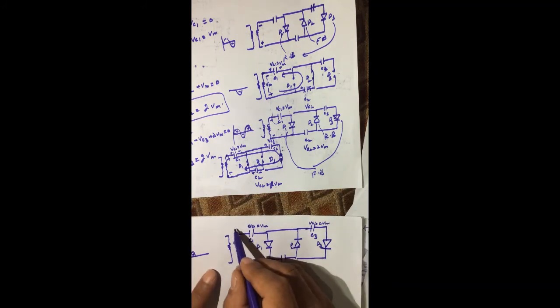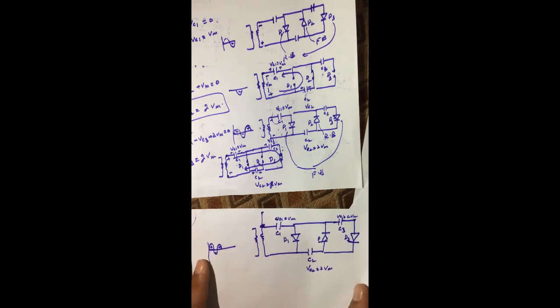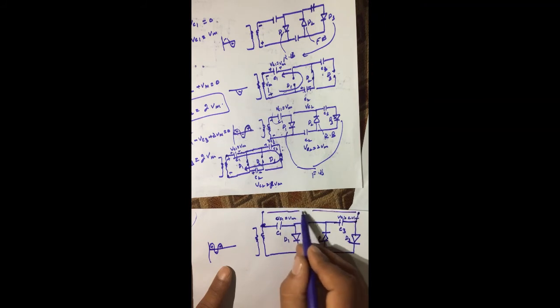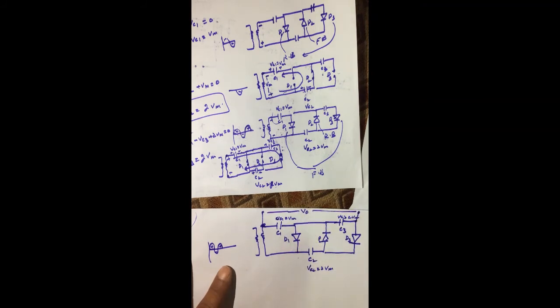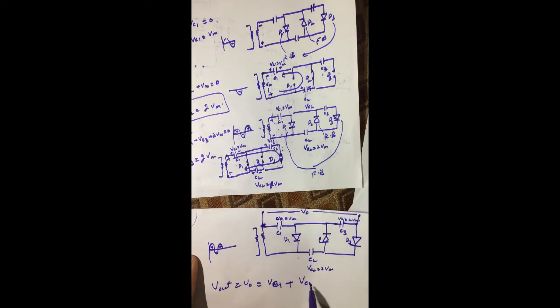Now apply load resistance to these 2 points. After these first 3 half cycles, apply the load resistance here, and the voltage drop across this load resistance, I call it output voltage, which will be equal to V output or V naught, which will be equal to the voltage of capacitor C1, which is Vm or Vc1, and the voltage of capacitor C3, which is Vc3.